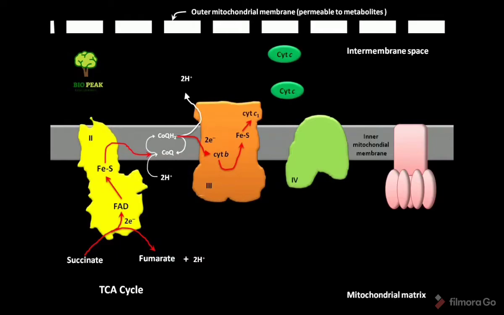Finally, 2 electrons are transferred sequentially to 2 molecules of cytochrome C. For each pair of electrons transferred, 2 protons from CoQH2 and 2 protons from the mitochondrial matrix are translocated across the inner mitochondrial membrane. This transfer of protons from CoQH2 involves the proton motive Q cycle.